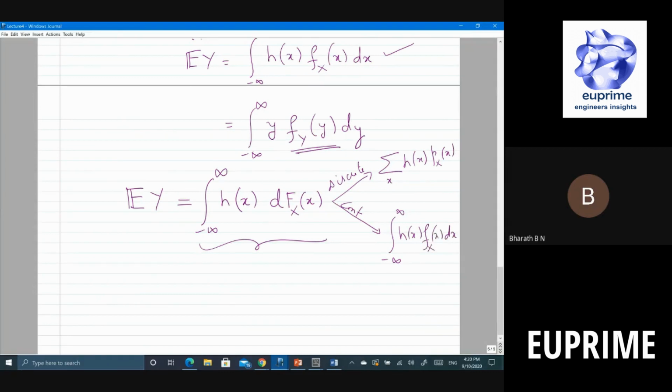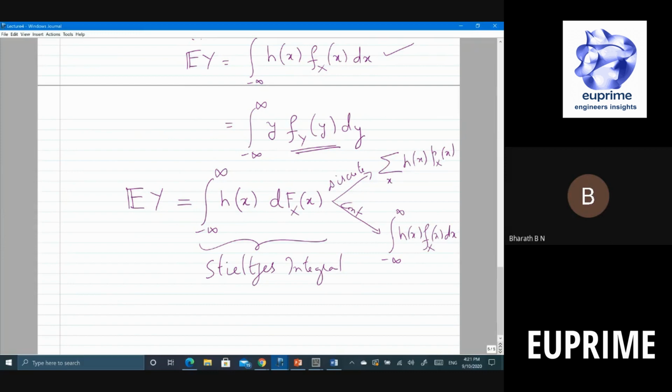Does anyone know what this integral is called? This is called the Stieltjes integral. I hope you might have heard of this, right? It is a generalization of the Riemann integral.